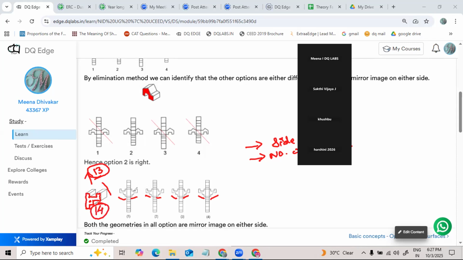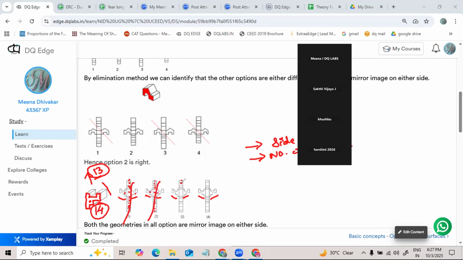Now, in my options, see which exact option gives me 14 surfaces. This has 15, ruled out. This one has 15, ruled out.